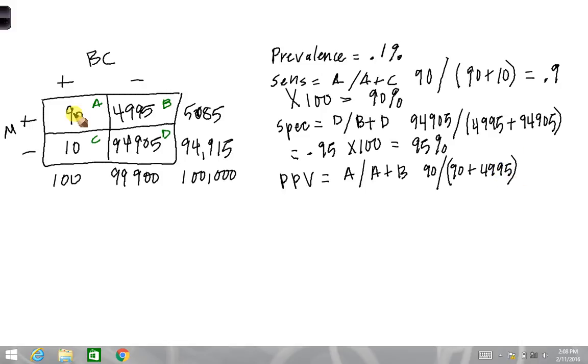So these are women with breast cancer who had an abnormal mammogram out of all of the women who had an abnormal mammogram.